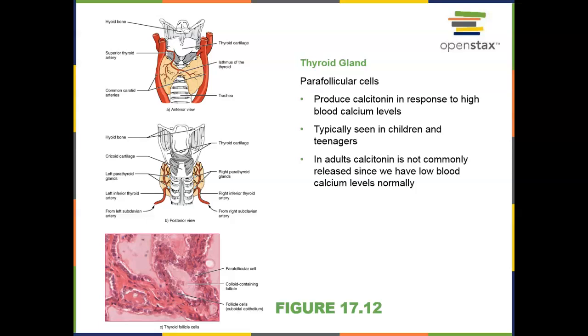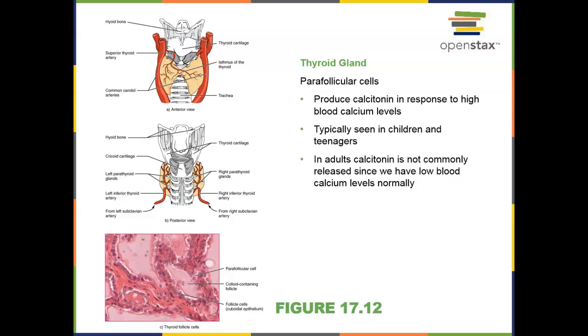Calcitonin is not very common in adults. We don't produce a lot of calcitonin because there's not a lot of individuals that have so much calcium in their blood that they have to produce that calcitonin to lower that blood calcium level. In general, we're told that we have to raise our blood calcium levels and eat more calcium-based foods, drink more milk, calcium-based drinks, get out into the sun a little bit each day so that you get the calcitriol, which allows us to absorb calcium.